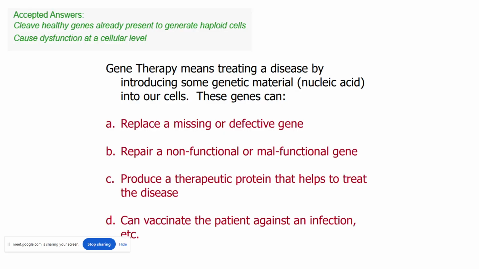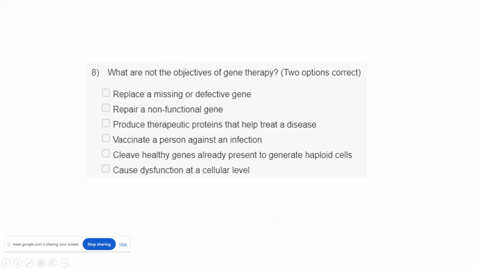Cleave healthy genes already present to generate haploid cells and cause dysfunction at a cellular level. Here it is asking which of these is not objectives. If you look at the third option, it's about produce therapeutic proteins that help treat a disease. So you're basically treating the disease with therapeutic proteins. So it is part of the gene therapy. And these therapeutic proteins come from these genes that you deliver. And then vaccinate a person against an infection.